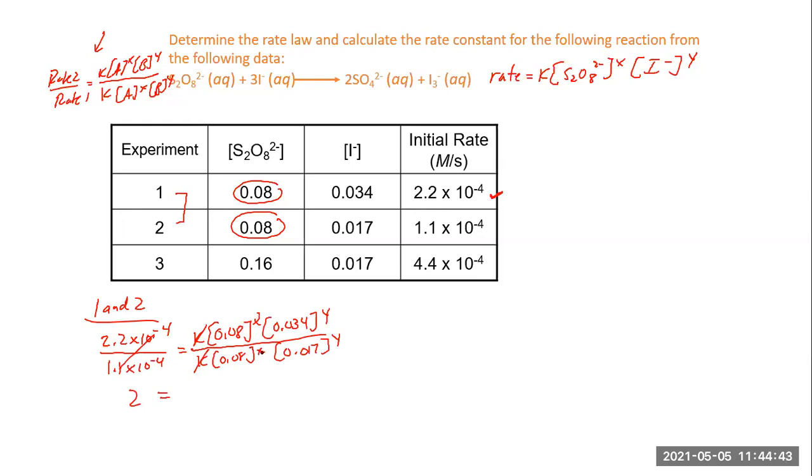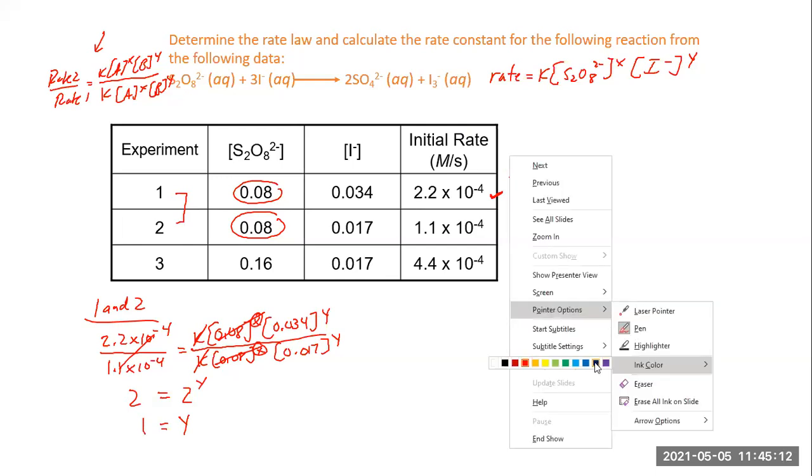We don't know what x is, but we do know it's the same on top and bottom, which means they will cancel as well. We do a little math here. It gives us, I believe, 2 to the y. As we talked about, you could pretty much figure this one out by looking at it, but you can also take the natural log of both sides and divide, and that will get you your answer. In this case, y is going to equal 1. Any questions on that calculation so far?